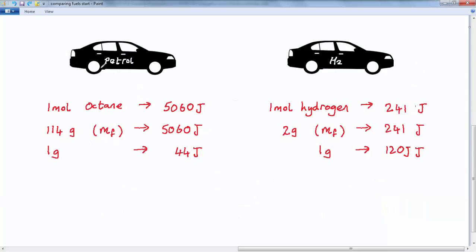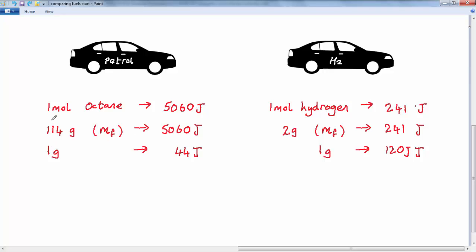And while we're doing that, we're going to compare the energy released per gram for petrol and that for hydrogen, because there's a lot of interest in using hydrogen as a fuel for cars these days. Okay, so before we just discuss that, what we're saying is that 1 mole of octane releases 5060 joules.